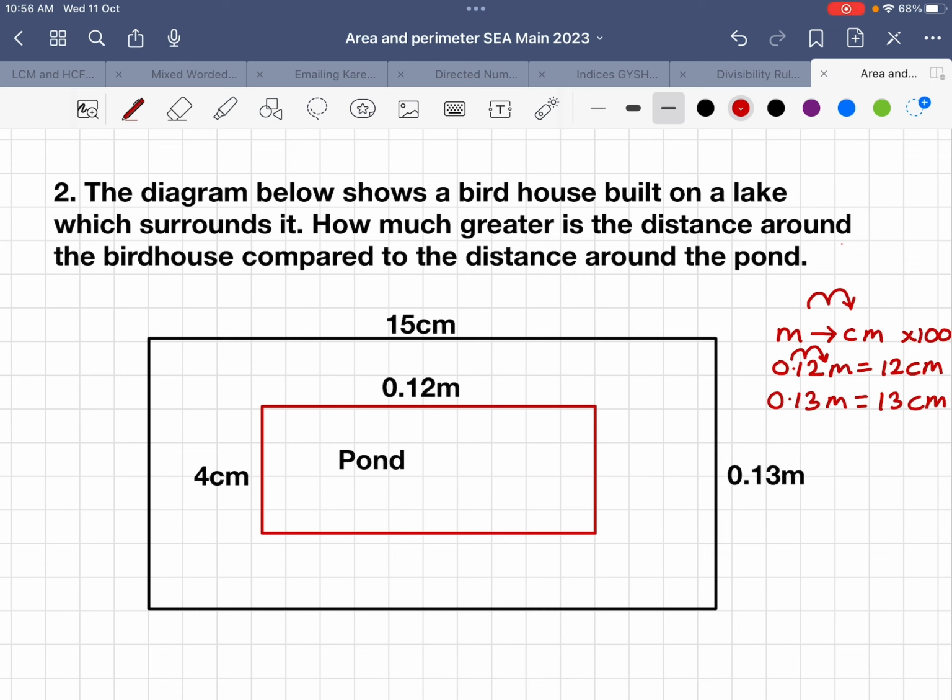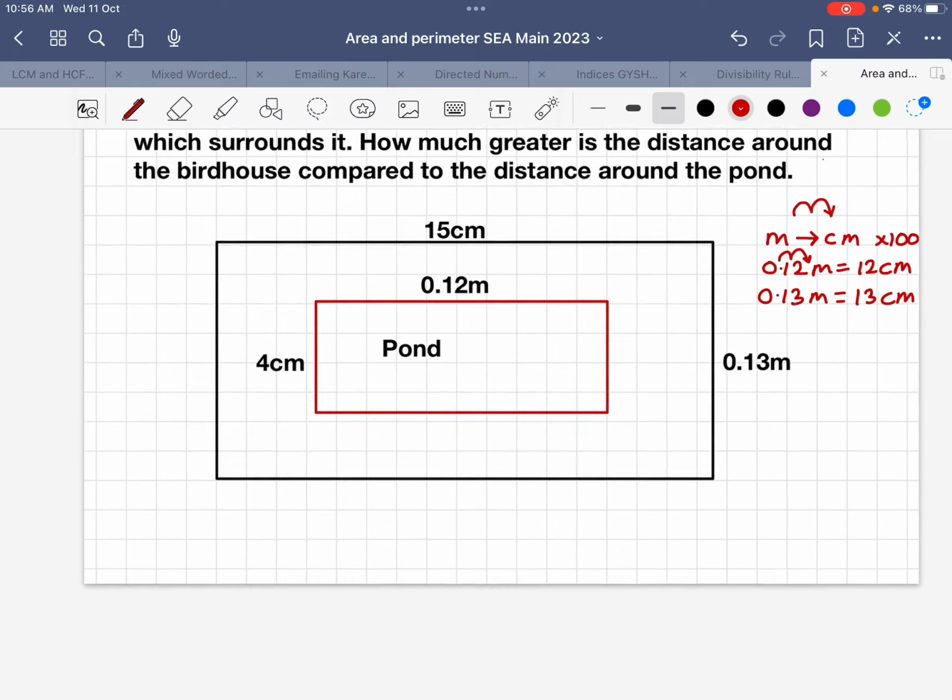So when they are talking about distance around, they are talking about perimeter. So let's calculate the perimeter of the pond and the perimeter of the lake, or birdhouse rather. Okay, so let's start with the pond.